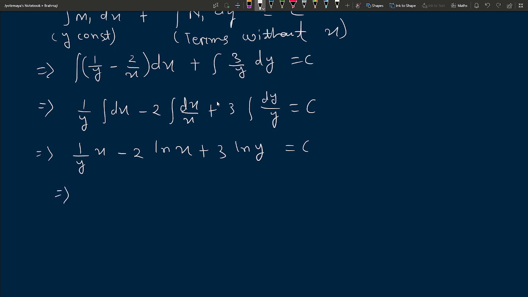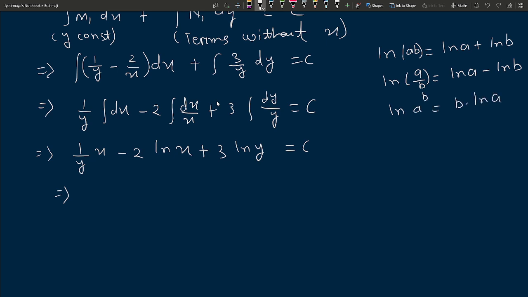You can further simplify this by using the formulas of logarithm: log ab equals log a plus log b, log a by b equals log a minus log b, and log a to the power b equals b times log a. So using these formulas I have x/y minus ln x² plus ln y³ equal to c.